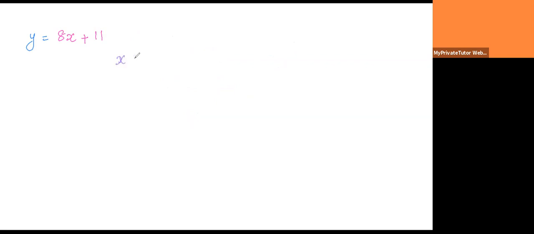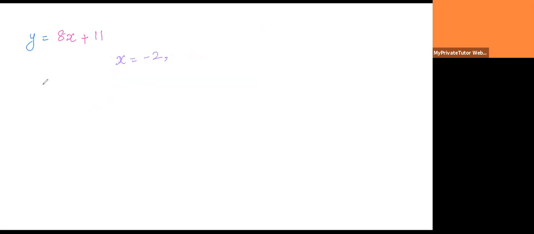As I said, please assume at least a couple of negative values and a couple of positive values like this. But it depends on you. You can choose any of the X values as you wish. But I suggest going with a couple of negative and a couple of positive, the way I did. So just assume these values and find the Y value for each of these X, and then mark the points and connect the line. That's it.